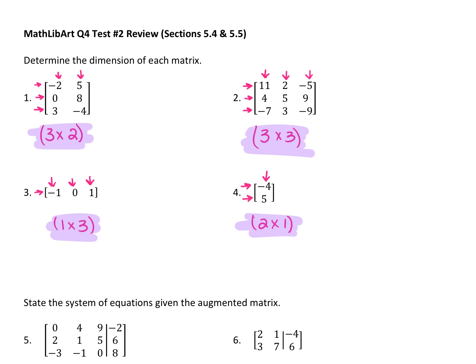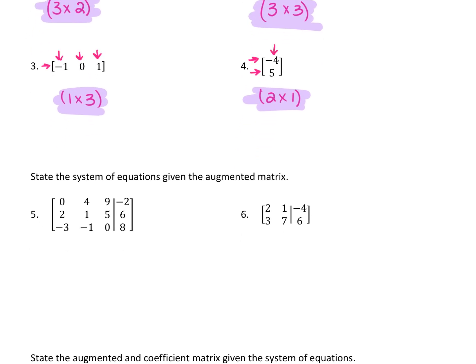For numbers 5 and 6, you are stating the system of equations given the augmented matrix. For number 5, you have an X column, a Y column, a Z column, and an answer column. So that means you're going to have in your first equation from your first row, 0x, you don't need to write that down, plus 4y plus 9z is equal to -2.